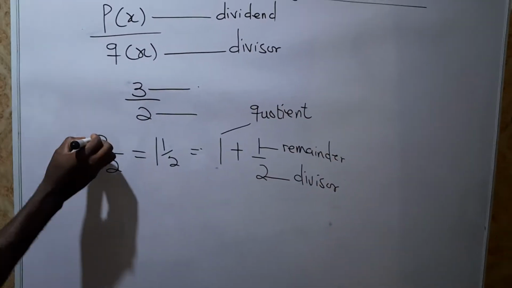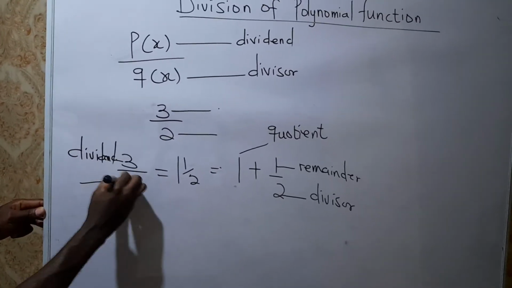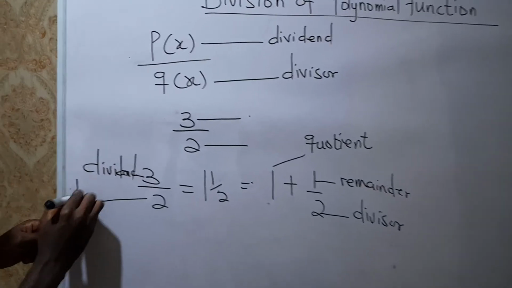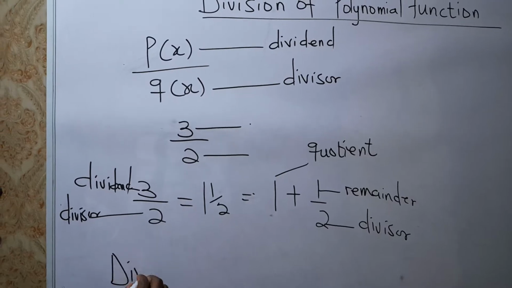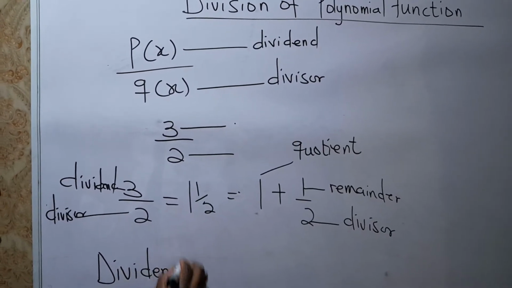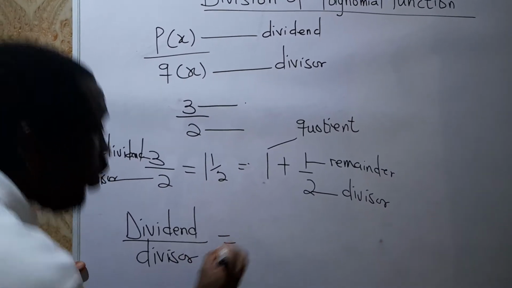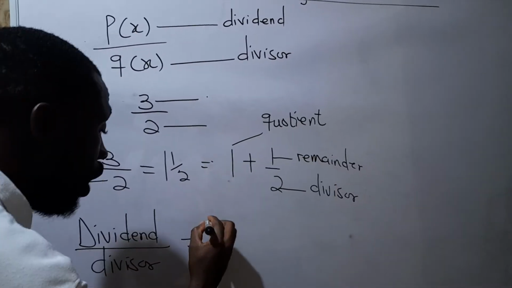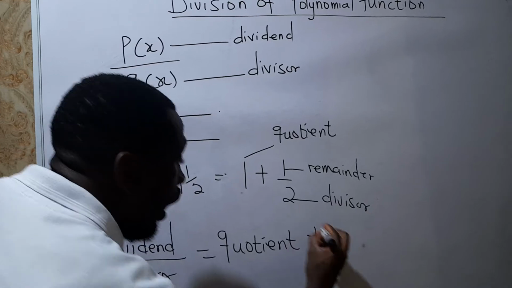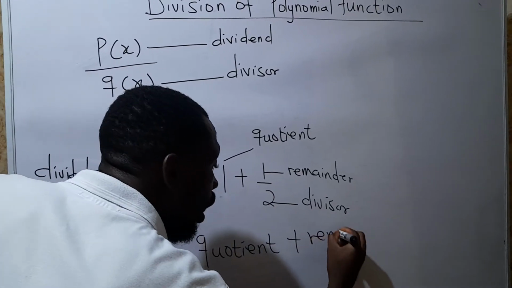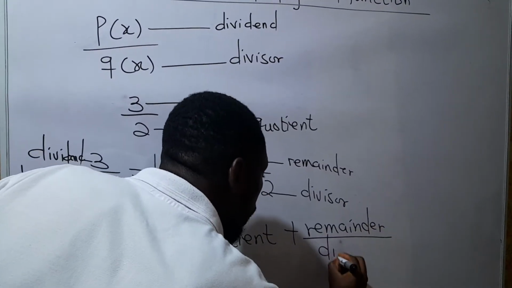So we can say, remember, this is the dividend, and this is the divisor. So we can say that the dividend over the divisor is equal to a quotient plus the remainder over the divisor.